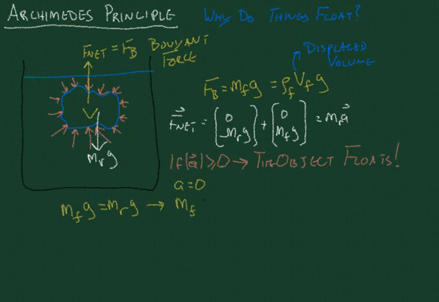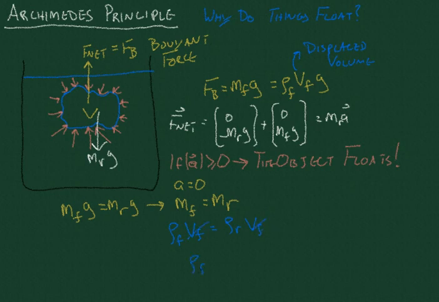So the mass of the fluid equals the mass of the rock. Well, mass is just density times volume, so density of the fluid times volume of the fluid is density of the rock times volume of the rock, which is also the same as the volume of the fluid.